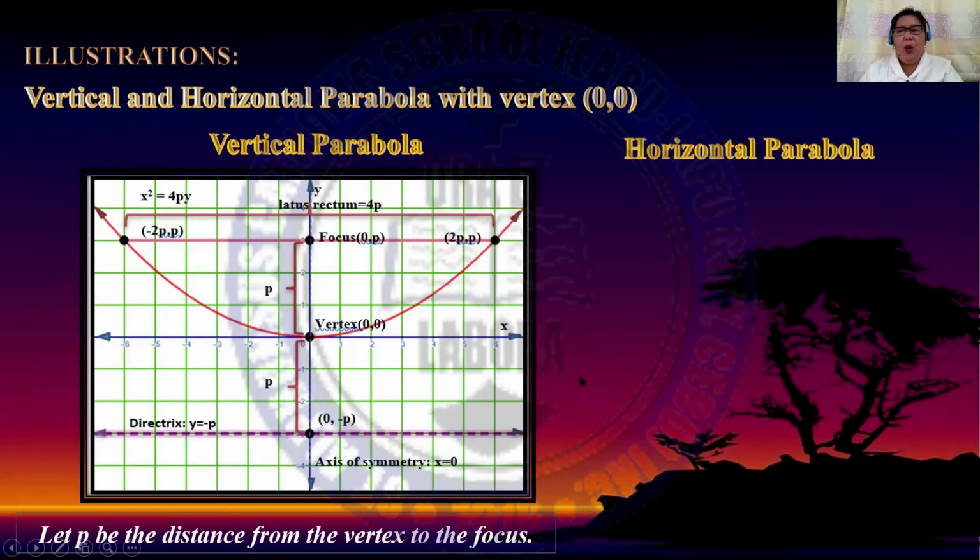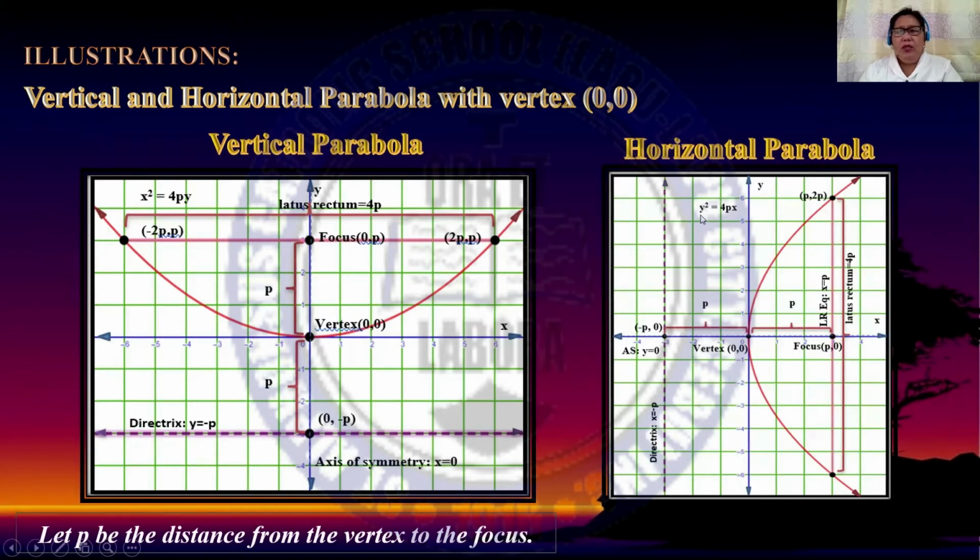Next, for the horizontal parabola, we have the equation y squared is equal to 4px. So the axis of symmetry is the x-axis or the horizontal axis. This is the vertex located at the origin, and to the right of the origin, this point is what we call the focus.